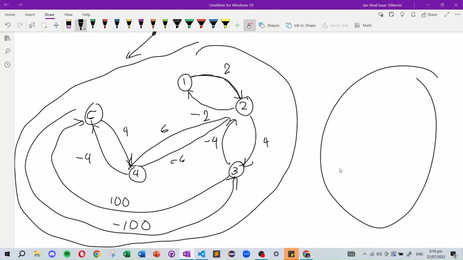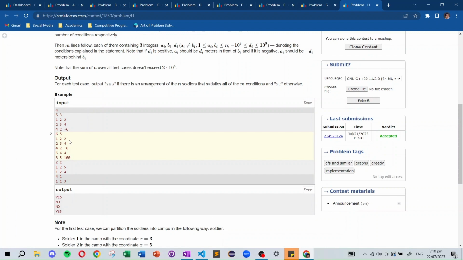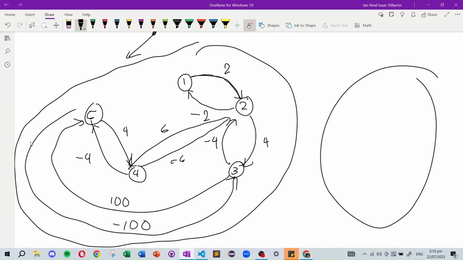Notice that two connected components have information that is independent from each other, which means that wherever you place these nodes in the line, it will not affect the other soldiers in another connected component, because there's no restriction between them.